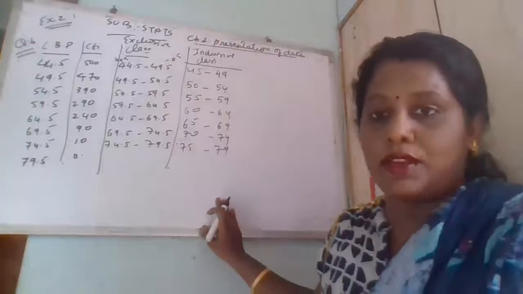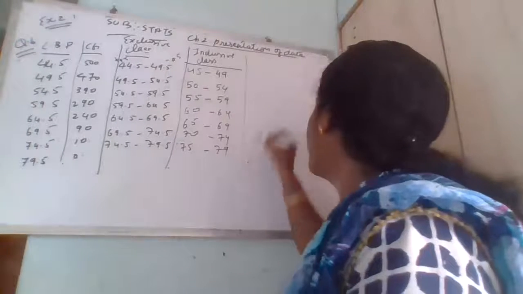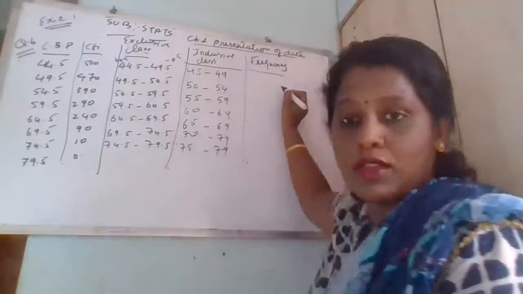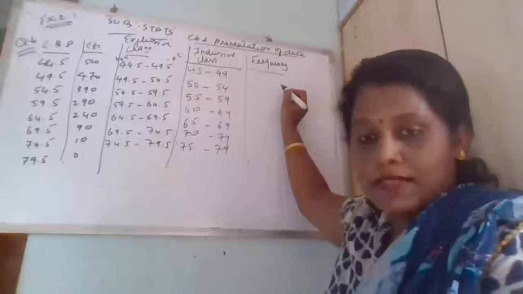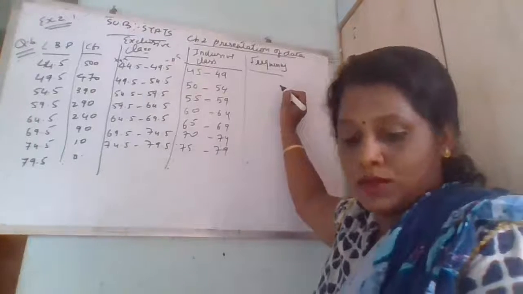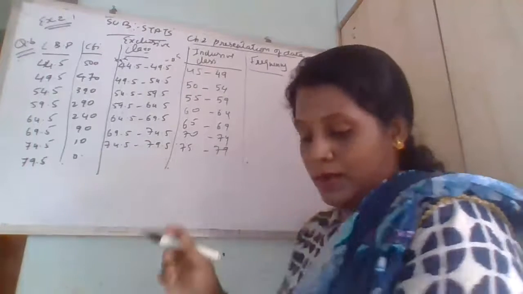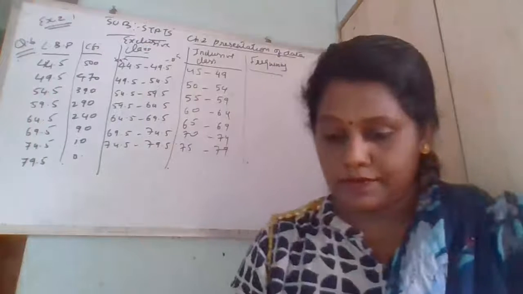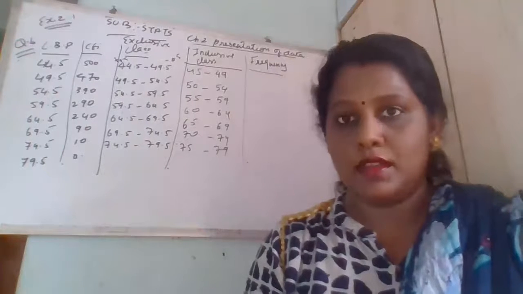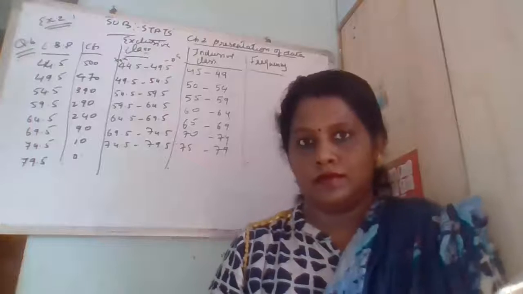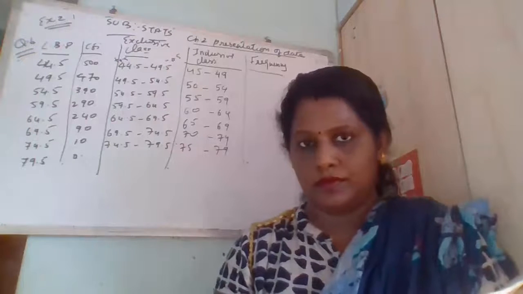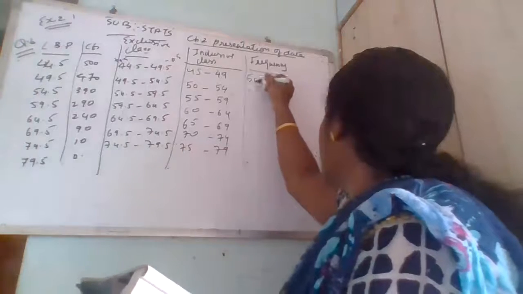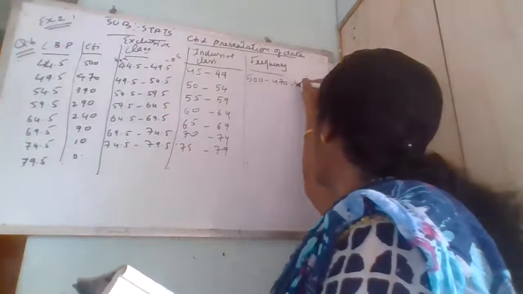Now you have to find your frequency. How to find your frequency? First is 500, second is 470. So what you have to do is 500 minus 470. So the frequency is, first, 500 minus 470, that is 30.